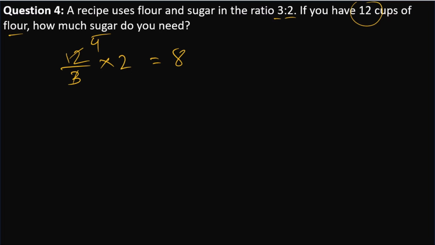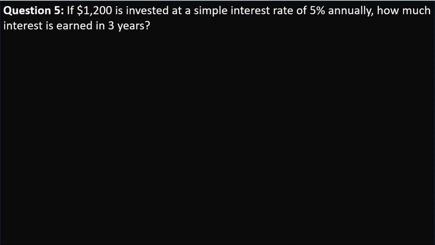So now today our fifth problem is: if $1200 is invested at a simple interest rate of 5% annually, how much interest is earned in 3 years? So it's a 5% annual interest.